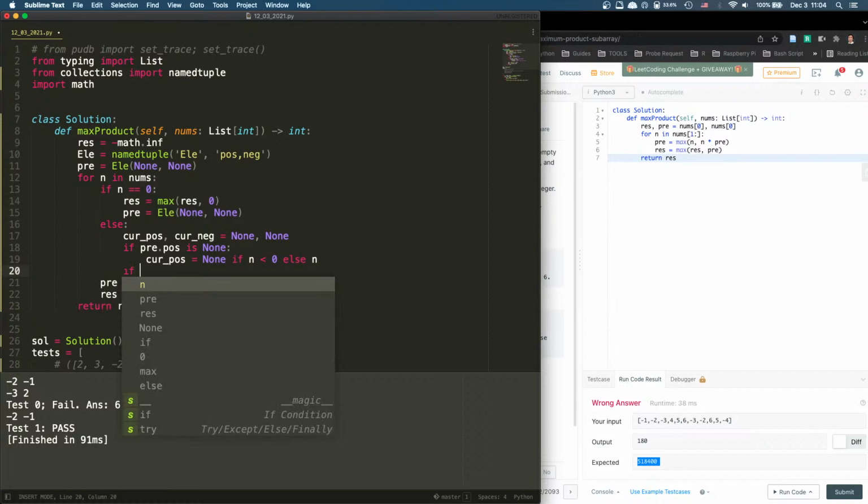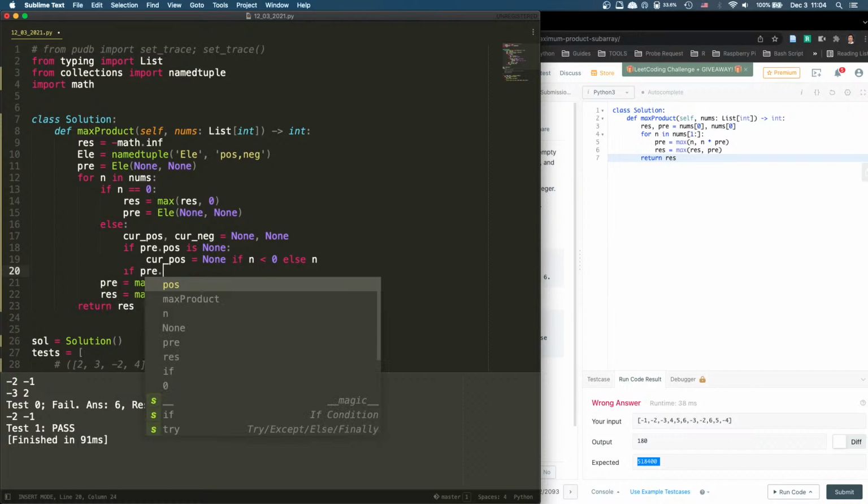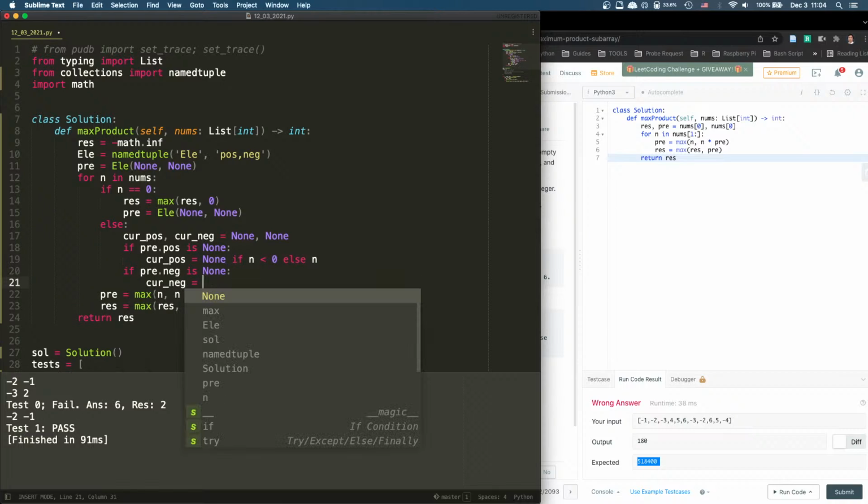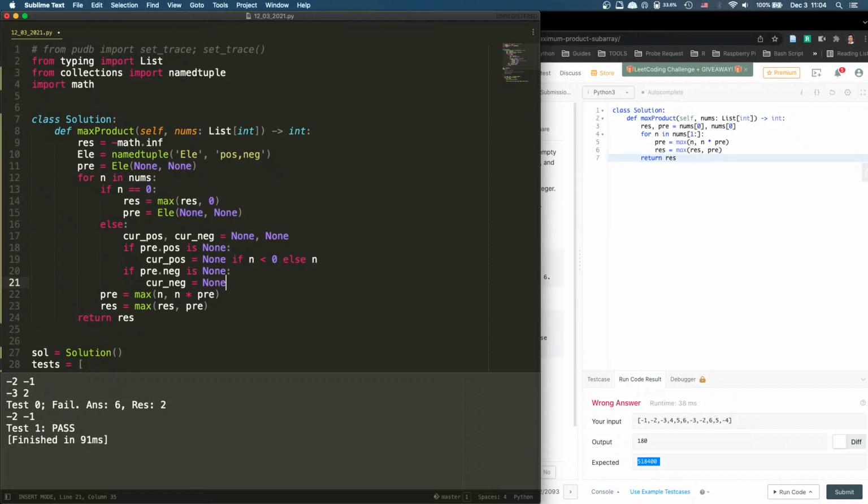And if pre dot negative is none, then current negative equals none if n is larger than 0, else n.